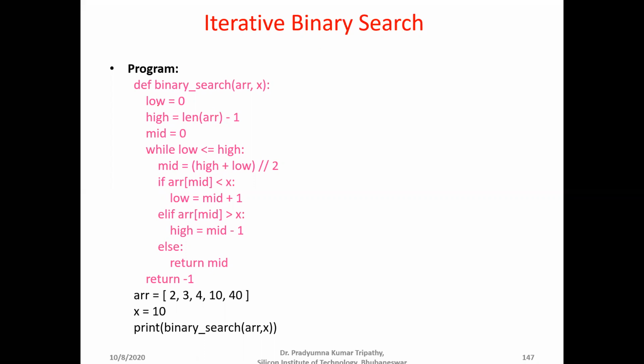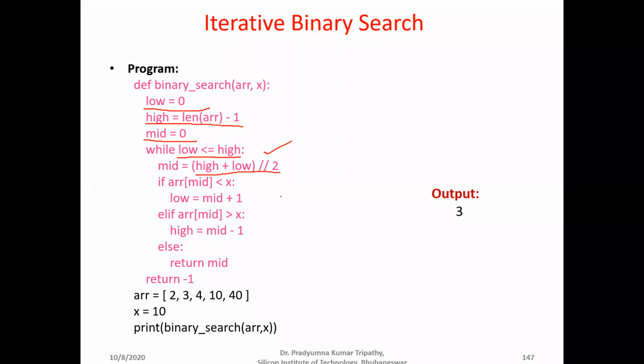So lower limit and upper limit are known beforehand, correct? And I take the mid. What is the mid? The loop is while low is less than or equal to high, I find out the mid position. Mid position is the integer division of high plus low by 2. So I find the middle position.